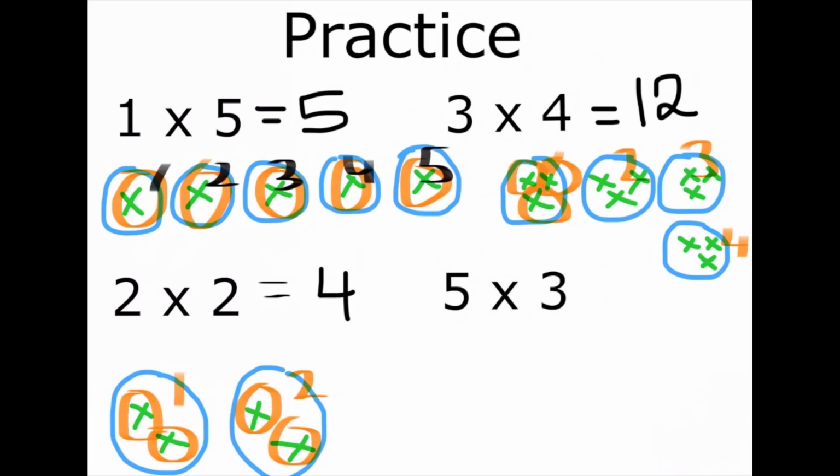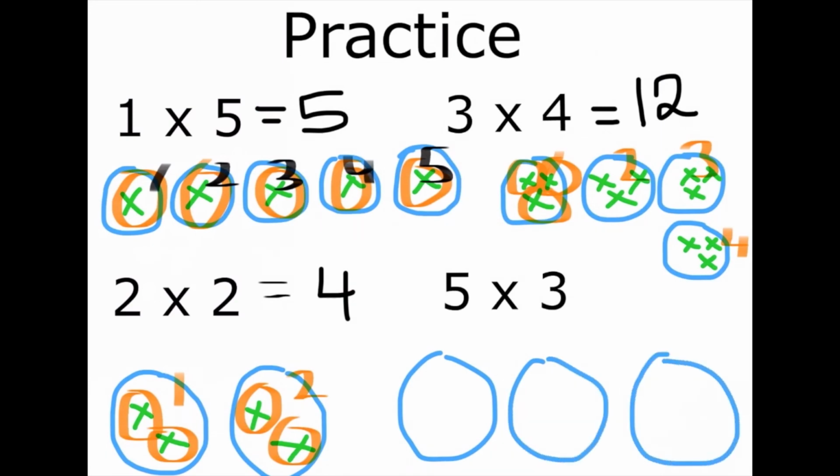Let's move on to the last practice equation for this video. The last equation, 5 times 3, has 3 groups of 5. In our model, we'll be demonstrating 3 groups, which are shown as the 3 circles, and 5 objects in each group, 5 times 3.